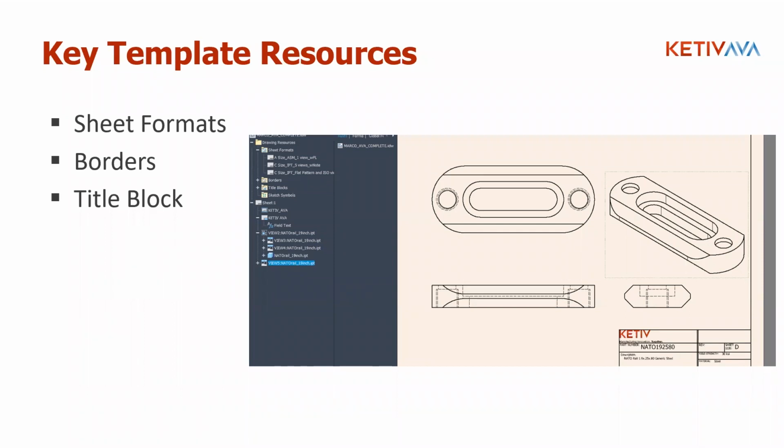They go around your drawing template. And then the title block, which is probably the most important part, grabs information from your parts and moves it into your drawing. And if you have it set up properly, you can automate a lot of that so that you don't have to fill it in yourself.